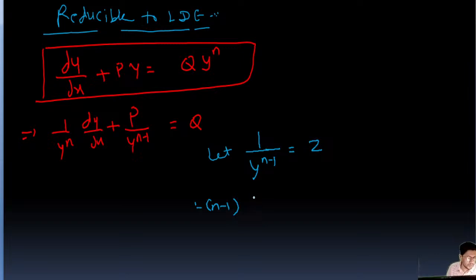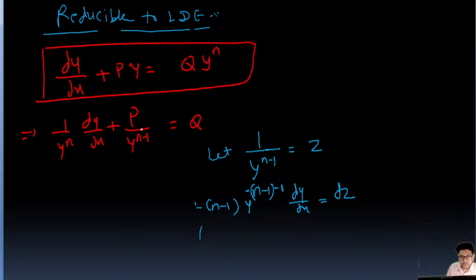So it is going to be 1 minus n minus 1, y to the power n minus 1 minus n minus 1 minus 1, dy over dx, and that is going to be dz. Okay, we have differentiated, so it is going to be dz.